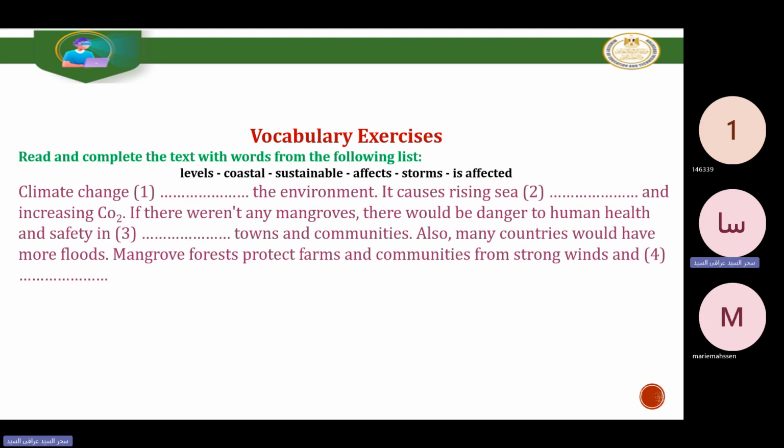It causes rising sea dots and increasing CO2, carbon dioxide, of course. If there weren't any mangroves, there would be danger to human health and safety in dots towns and communities. Also, many countries would have more floods. Mangrove forests protect farms and communities from strong winds and complete. Try to think.